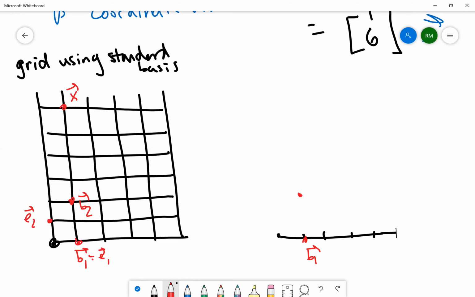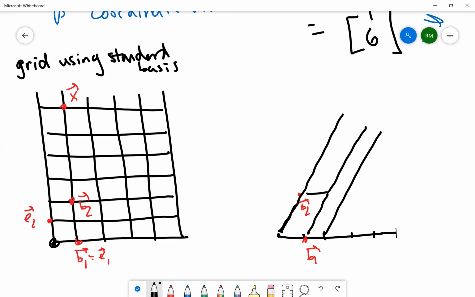That's roughly where b2 is going to go. So we're going to create a new grid that looks something like the following. So that is the vector b2. And now we create a new grid where we use parallelograms. So they're a little off, but you're going to get the idea.